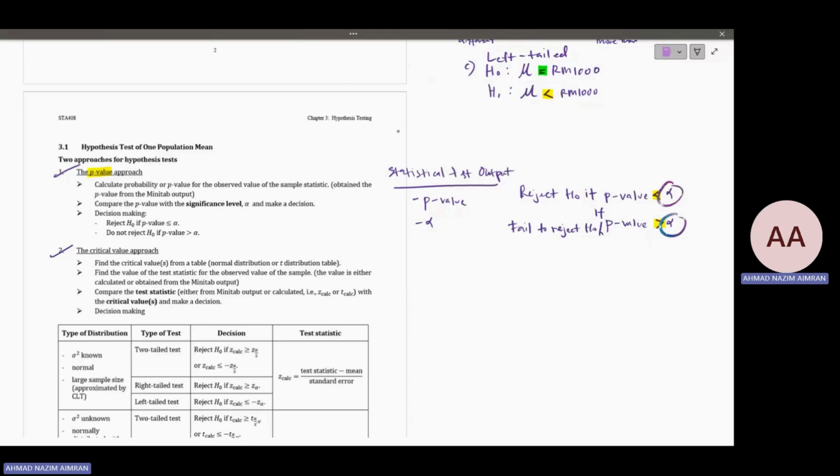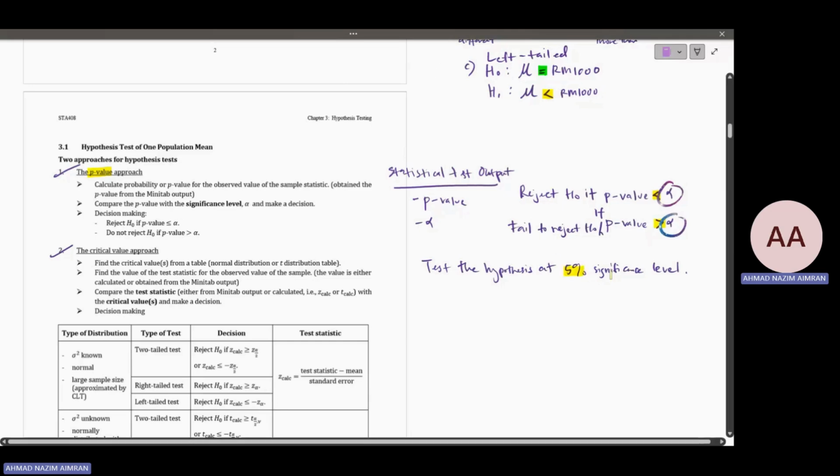If the question asks you to, for example, test the hypothesis at 5% significance level, so therefore this is our alpha, 5%.